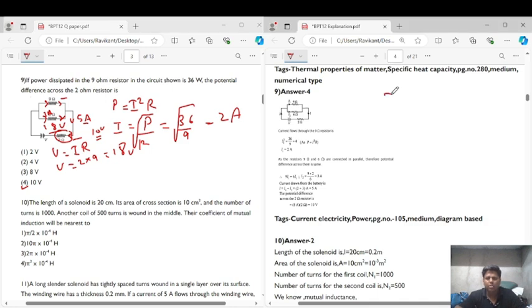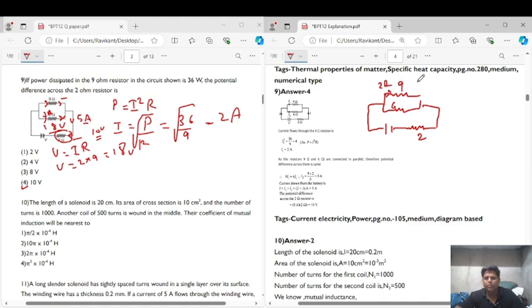If I redraw the diagram, see, this is the case. This is a 9 ohm, this is 6 ohm, and this is 2 ohm. They are saying that power across this is 36 watt, and from there we calculate the current entering into it is 2 amperes, right?